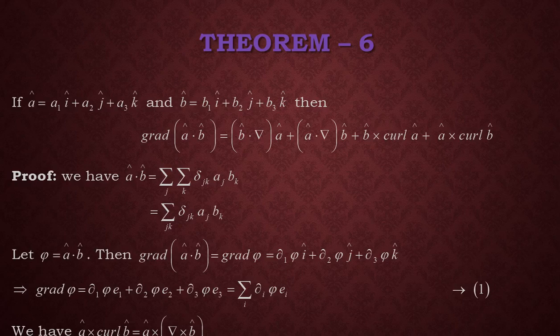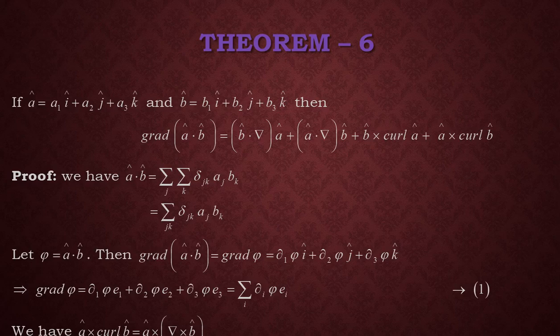Let us replace i cap with E1, j cap with E2 and k cap with E3. Then we get grad phi equals dou phi by dou x1 E1 plus dou phi by dou x2 E2 plus dou phi by dou x3 E3.